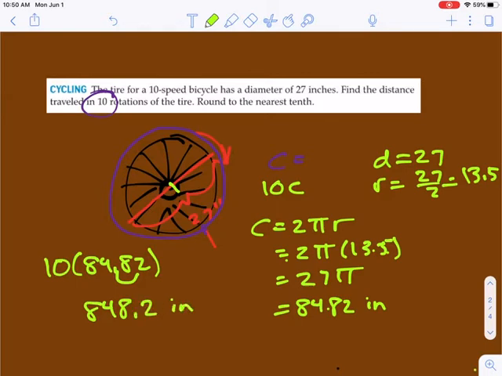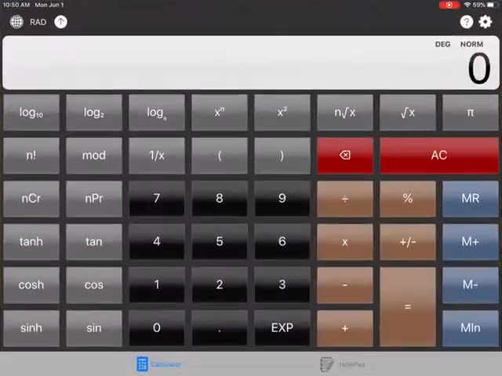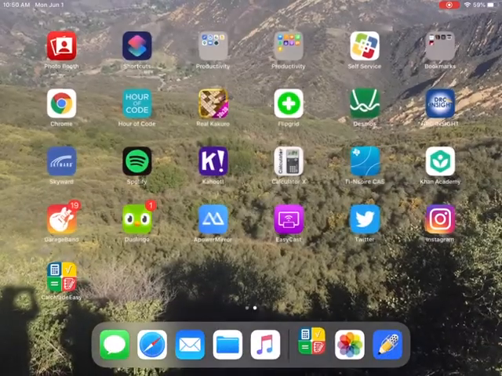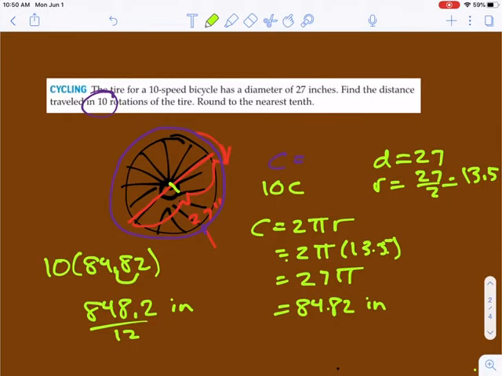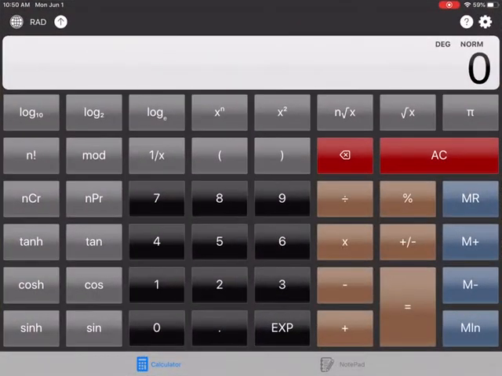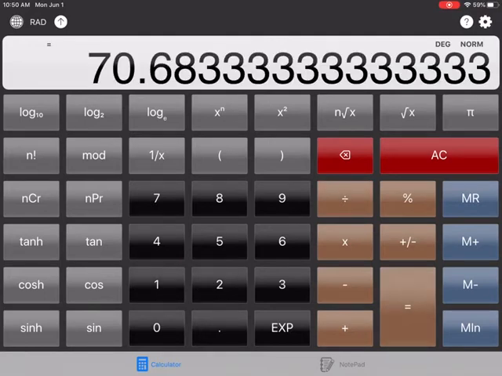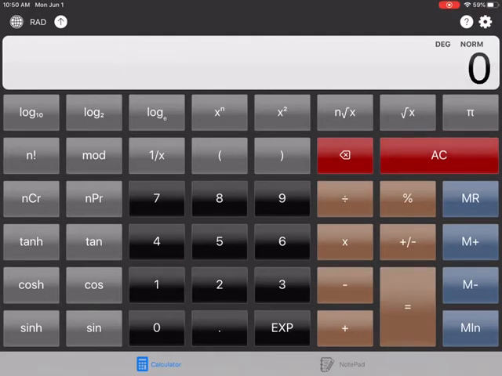And then if you wanted to be really fancy, you could say, okay, let's divide this by 12 to see how many feet that is. I'm personally interested in this. So 848.2 divided by 12 gives me 70 feet.